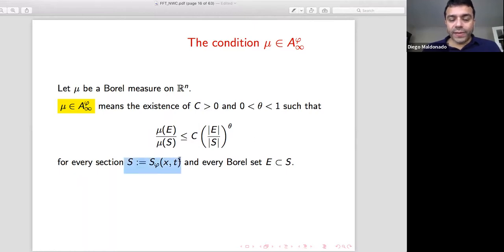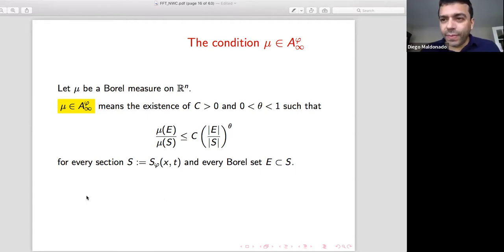If you give me any section S, any Monge-Ampère section, remember the phi is fixed, and then any Borel set E inside that S, then if the measure of E is small with respect to the measure of S, measured with the Lebesgue measure, then it's also small with respect to mu. That is this condition. So we say that mu is in A infinity phi if this happens. This is what we call absolute continuity at every scale.